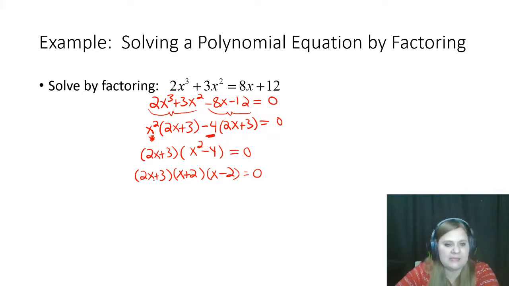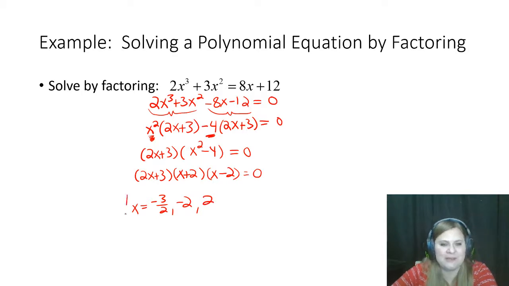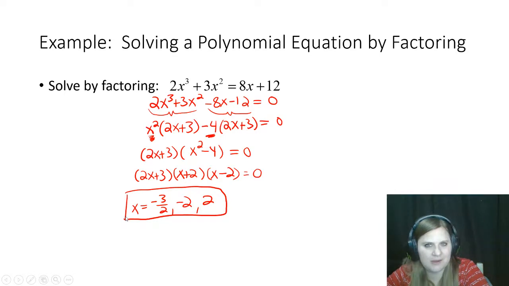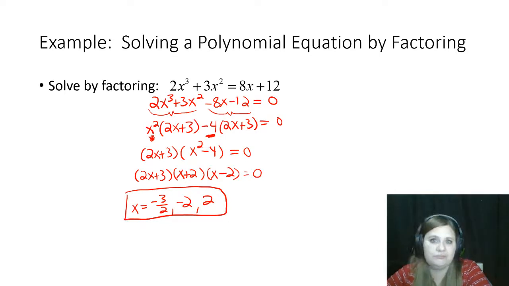So I can say 2x plus 3 equals 0, and that happens when x equals negative 3 halves. I can say x plus 2 equals 0, and that happens when x equals negative 2. Or I can say x minus 2 equals 0, and that happens when x equals positive 2. So I have three answers: negative 3 halves, negative 2, and 2.